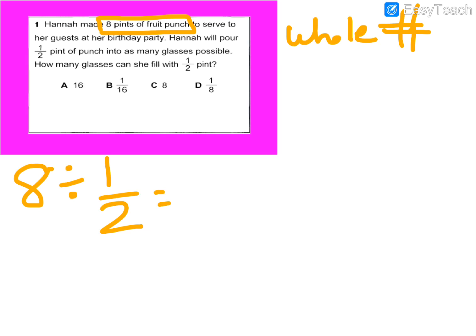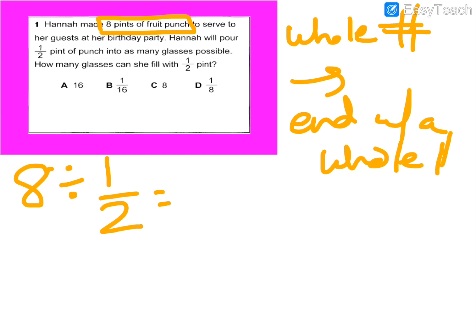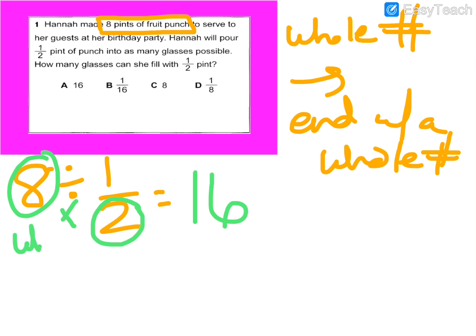And if we start with the whole number, then we must end with the whole number. Good. We can take our whole number and multiply it by the denominator. 8 times 2 would give you 16. Whole number.